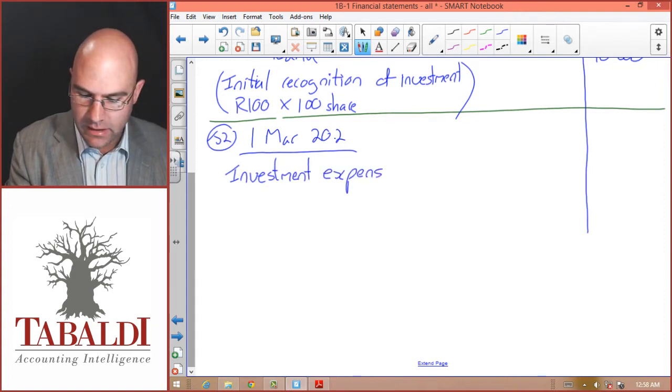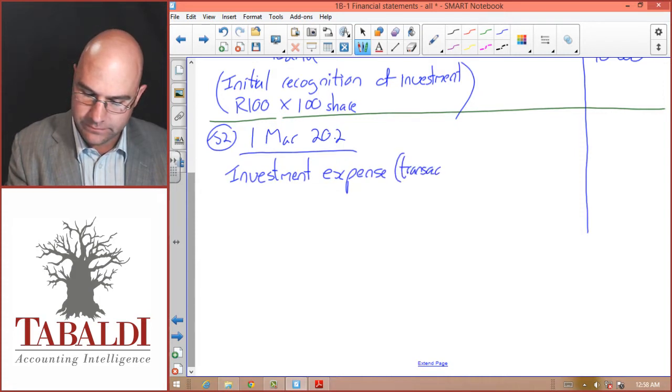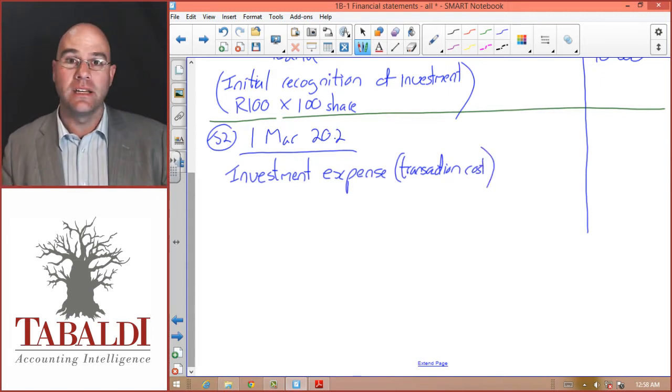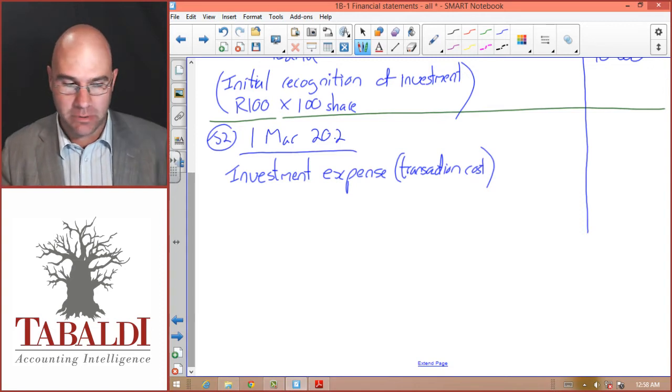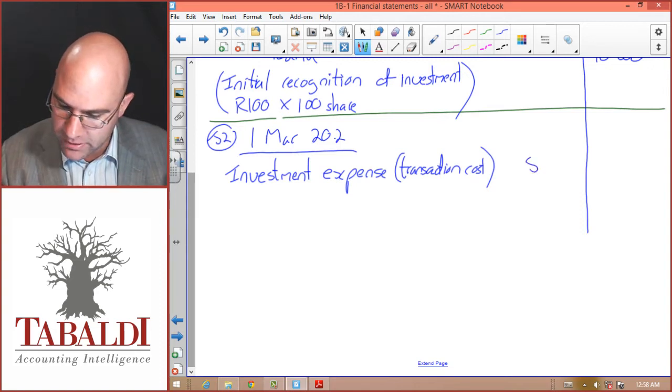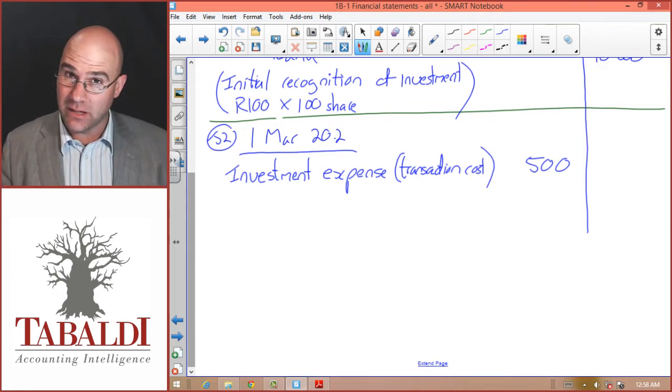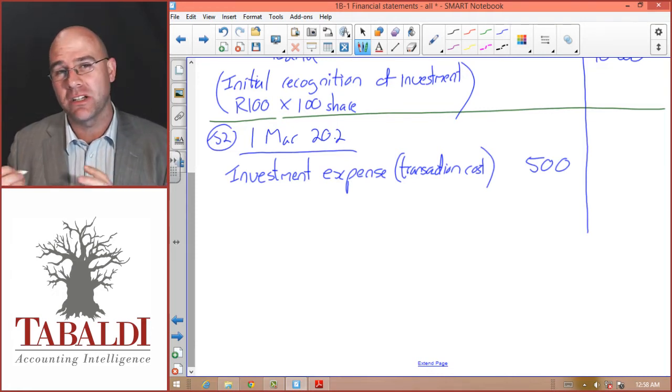Okay, that is a transaction cost. Let's think about that for a second. That is an expense. Yes, the expense is getting bigger, but it's going to happen on the debit side, right? And we were told that that was 500. Related to every increase in expense, if there's a debit, there must be a credit, right?